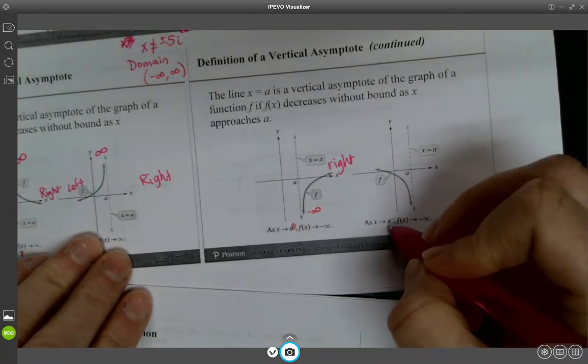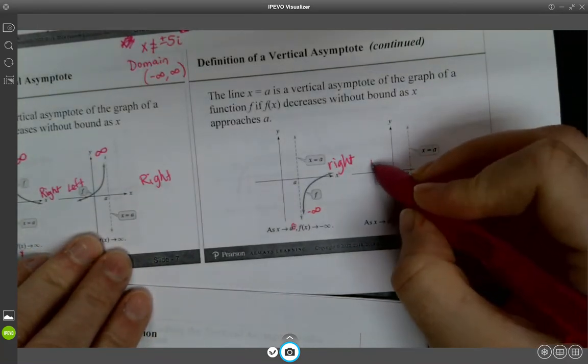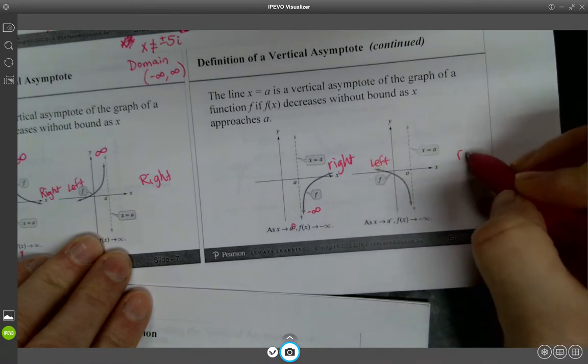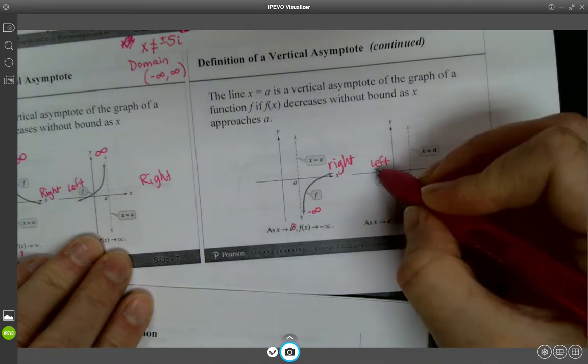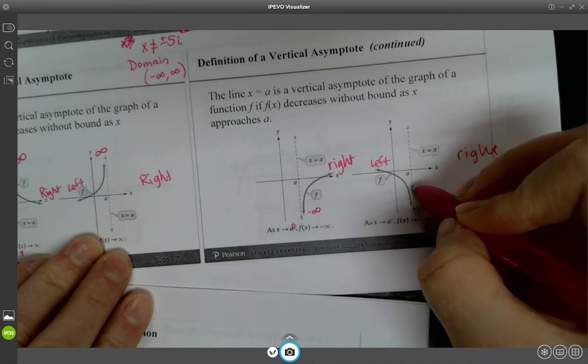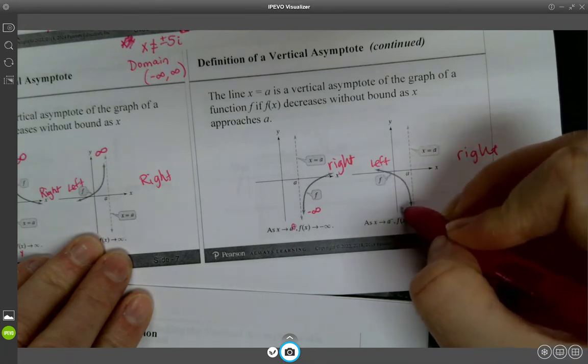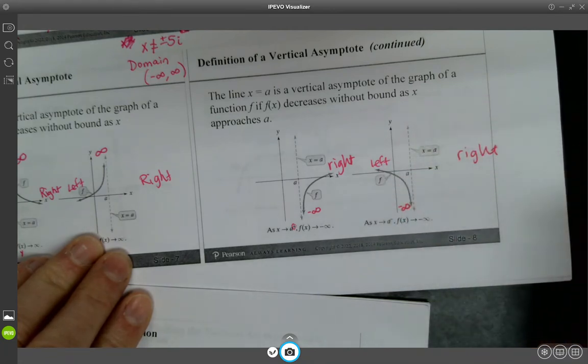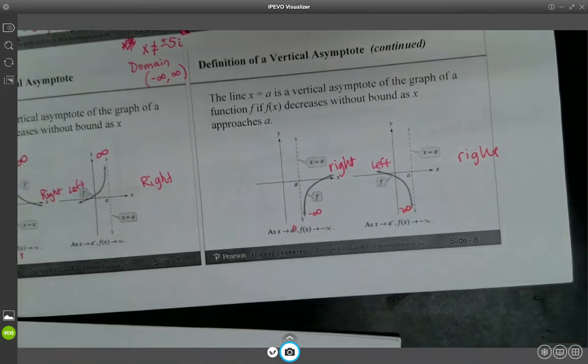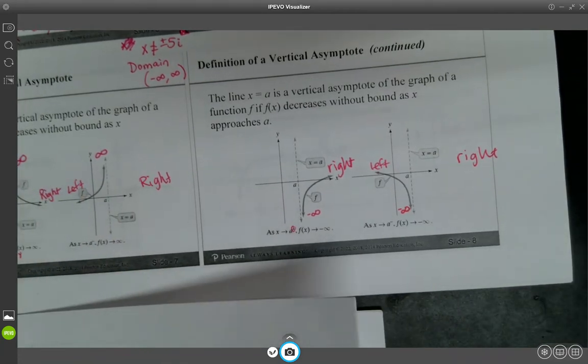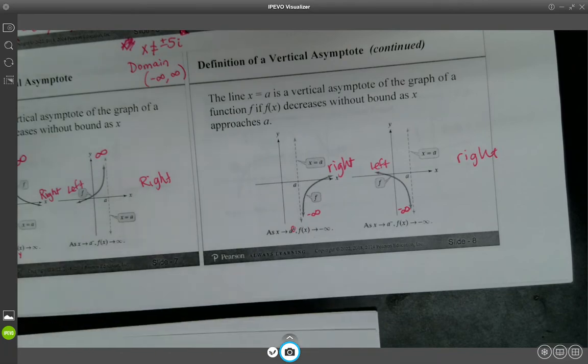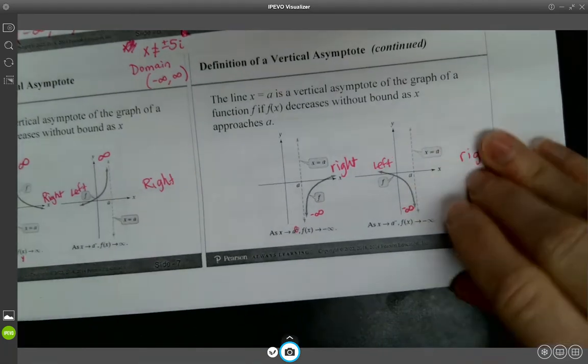This one says as x approaches a from the left side. So this is my left side. This is right. From the left, it's approaching x equals a, but it's going to negative infinity. So you've got to know which way it's going, so that way you can graph it.